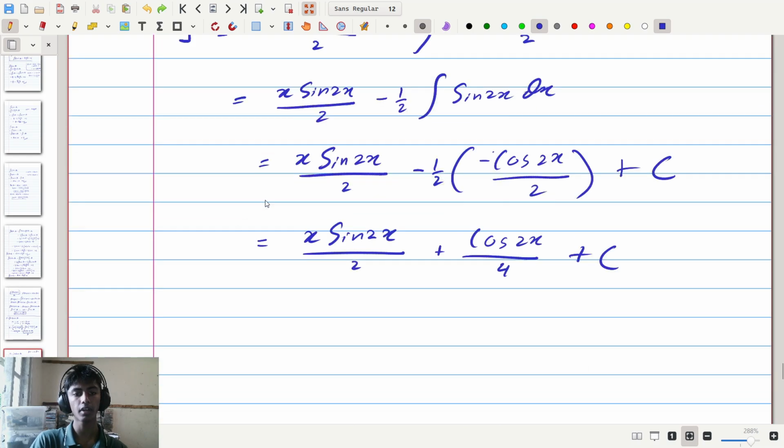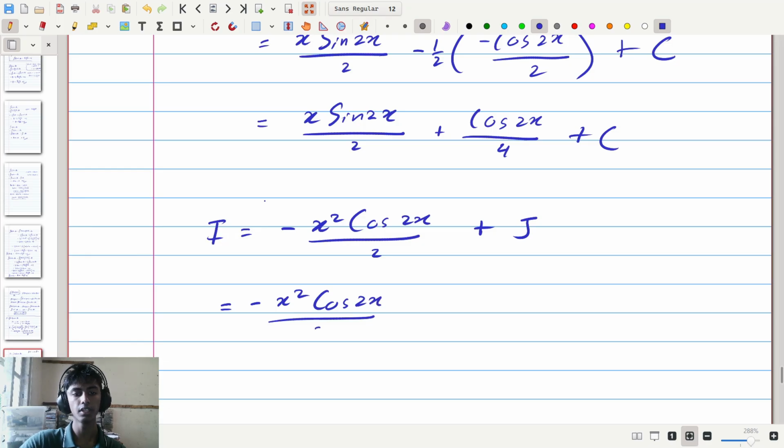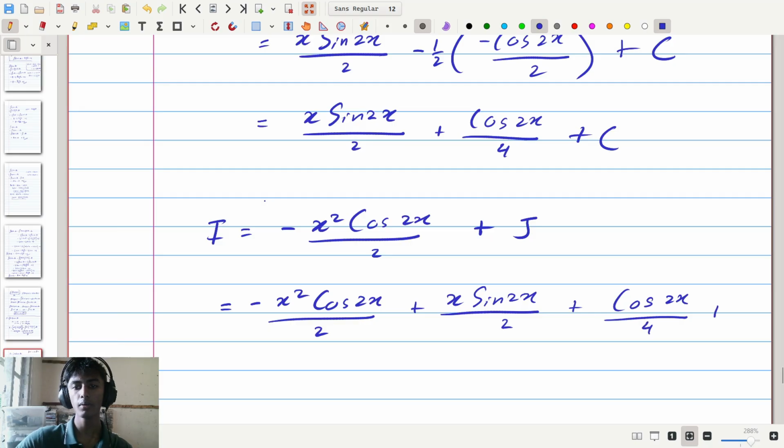Rewriting, I is equal to the negative x squared times the cosine of 2x divided by 2 plus the value of j, which we can now substitute as being equal to negative x squared times the cosine of 2x divided by 2 plus this whole expression here, which is x times the sine of 2x divided by 2 plus the cosine of 2x divided by 4 plus c.